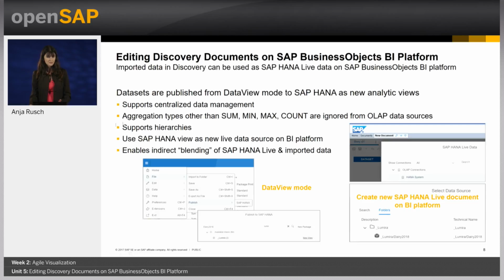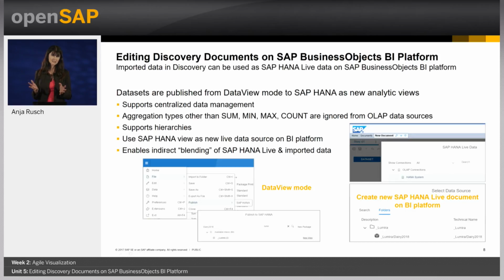And this supports, for example, aggregation types like sum, min, max, count. All other types than these will be ignored. So these are the only ones that are supported from your OLAP data sources. So you have to take care of this. Hierarchies will be supported, that's very important for you. And you can then use these views as new live data sources on the BI platform.